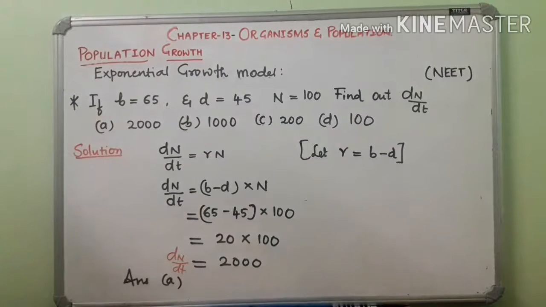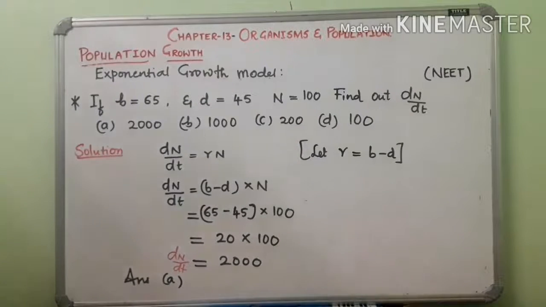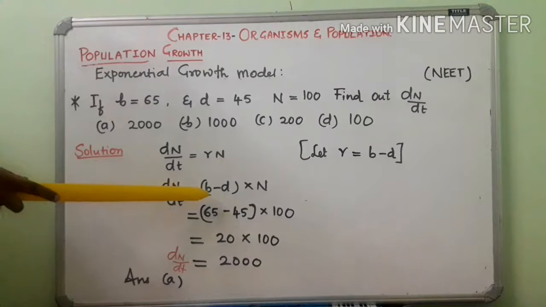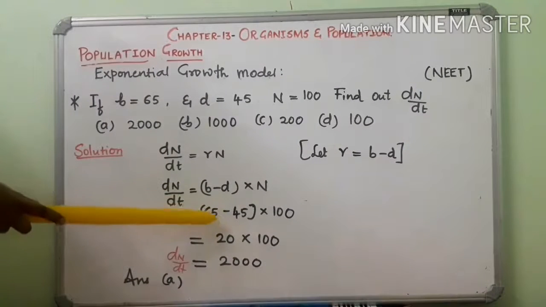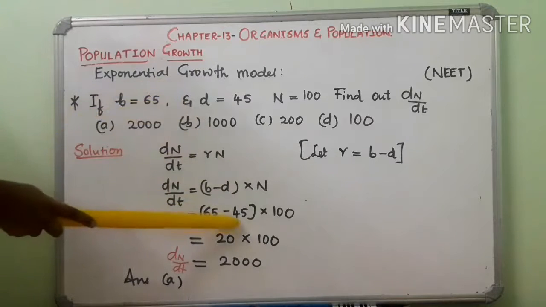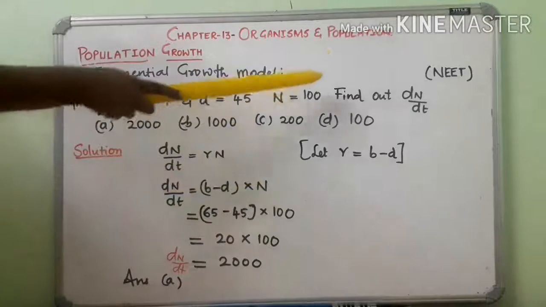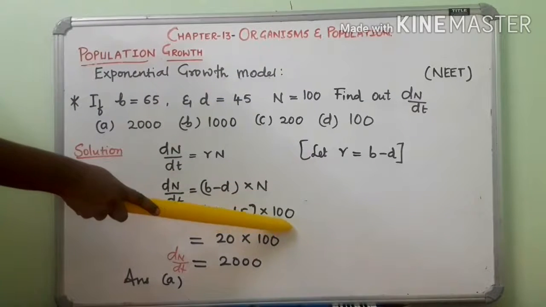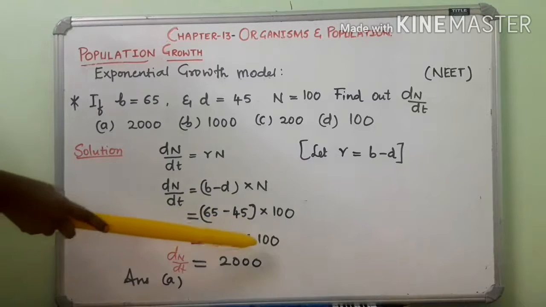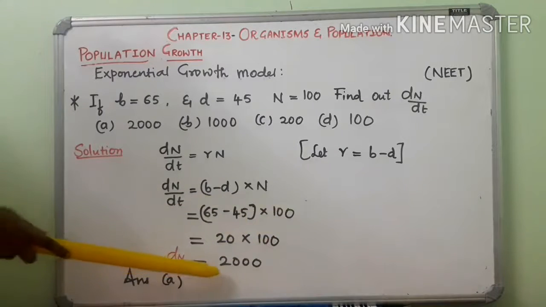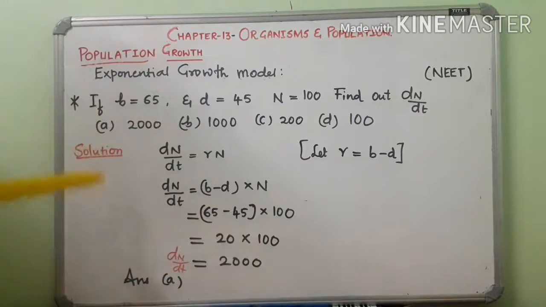Here B is 65, the birth rate, minus the death rate 45. Population density is 100. So 65 minus 45 is 20, into 100. The answer will be 2000. dN by dt equals 2000. The answer for this question is A.